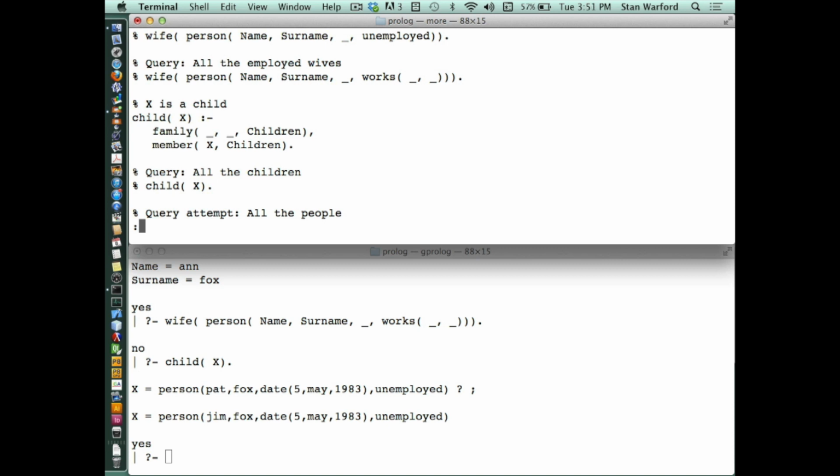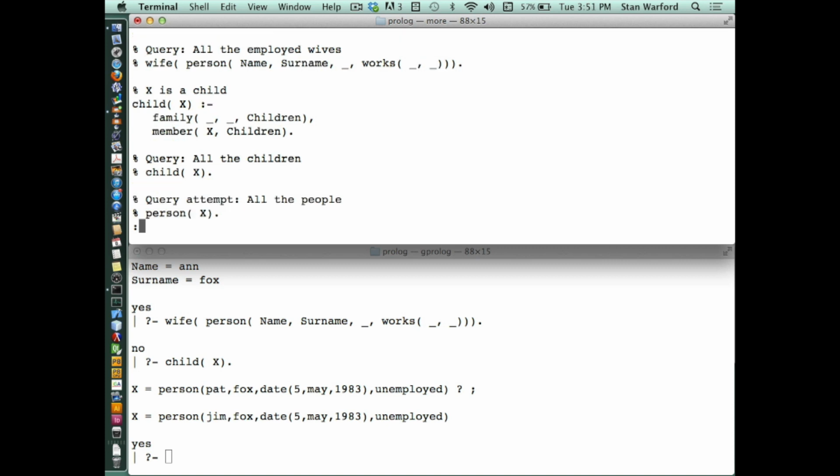You're not falling for this. What would happen if I did person X? What's the problem with person X? Person is not a fact, there isn't a person fact.